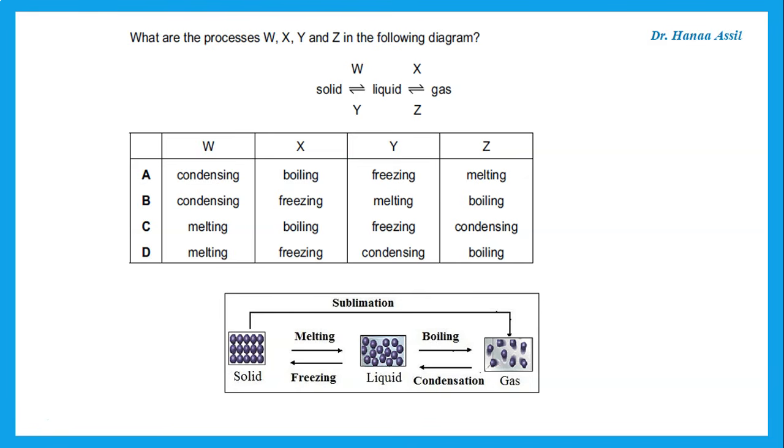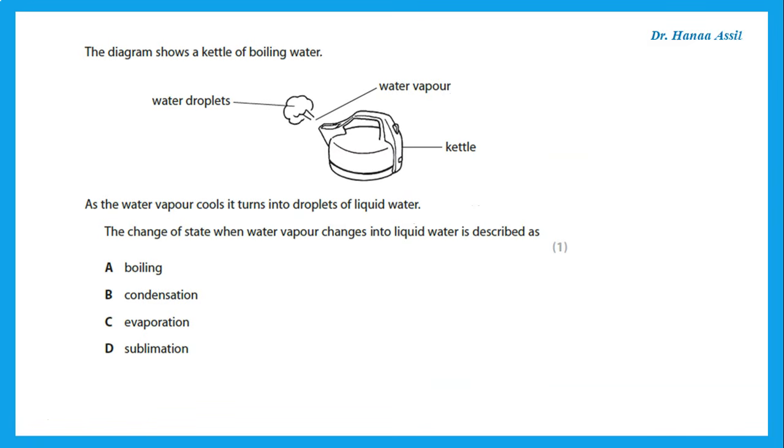X is from liquid to gas. Again, we said from liquid to gas, that is boiling. So my answer is C. From what is Y? Can you see what is Y? Y is from liquid to solid, so that is correct. That's freezing. And Z is gas to liquid, and that is condensing.